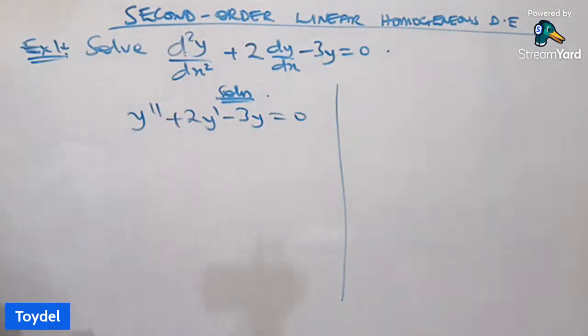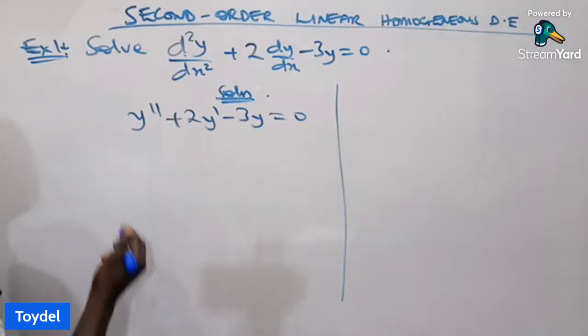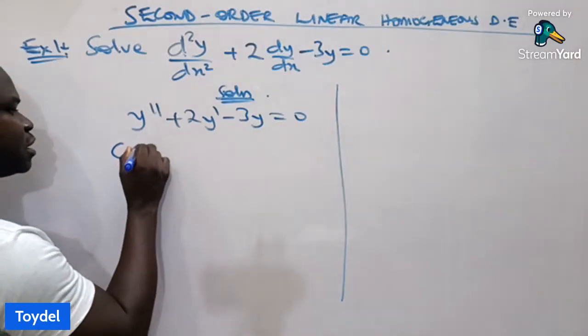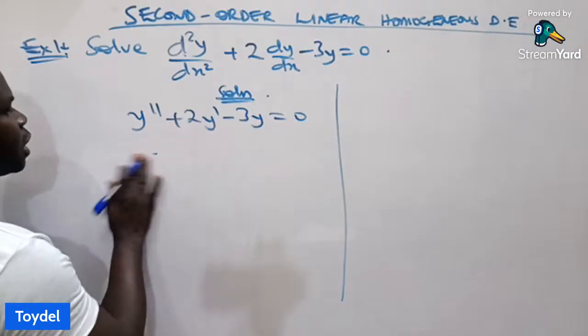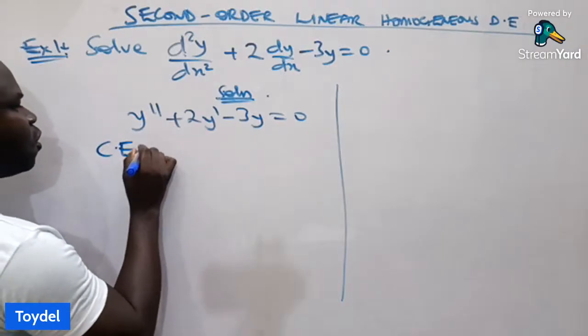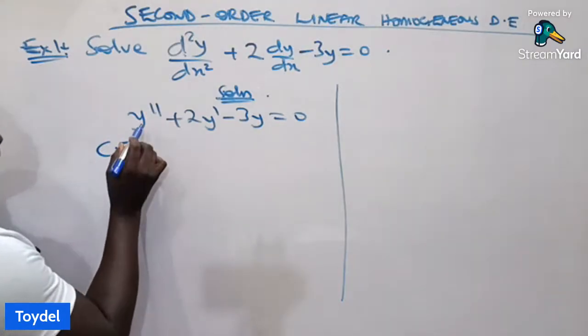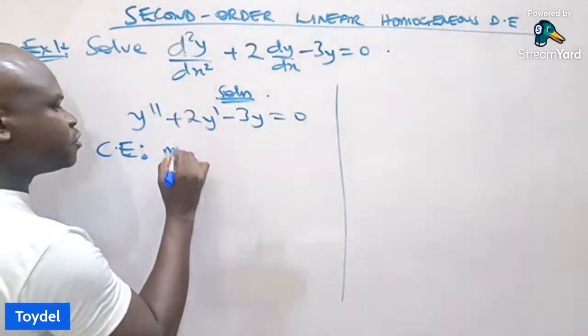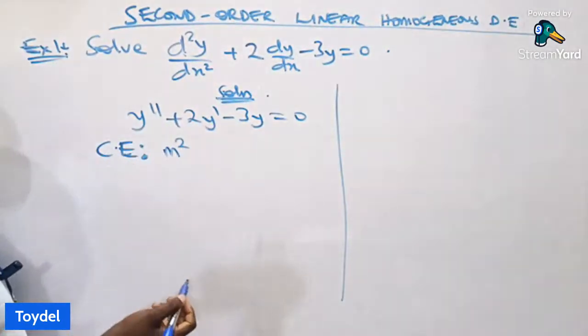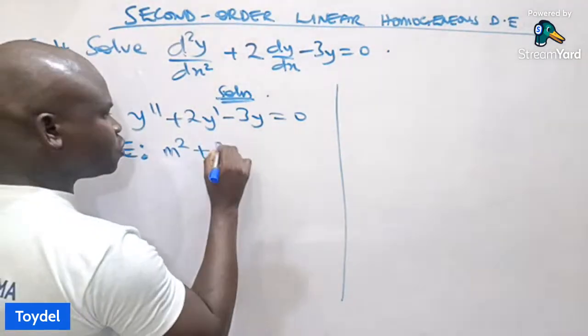If you want to solve a second order linear differential equation, either homogeneous or non-homogeneous, the first step is that we go ahead and look for the characteristic equation or auxiliary equation. In this case, the characteristic equation or auxiliary equation will be, instead of y prime prime, we change it to m squared. We want to change this equation to an algebraic equation, plus 2m.